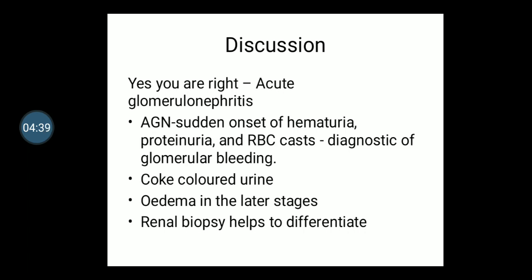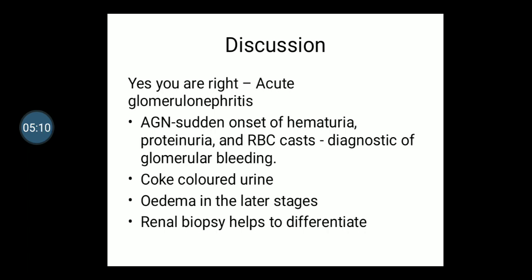That is, the symptoms in acute glomerulonephritis includes hematuria, proteinuria and RBC cast, which is diagnostic of glomerular bleeding. So when the glomeruli is getting injured secondary to any of the diseases, you go in for hematuria, which means blood in the urine, and RBC cast, that is the RBCs are getting shed.